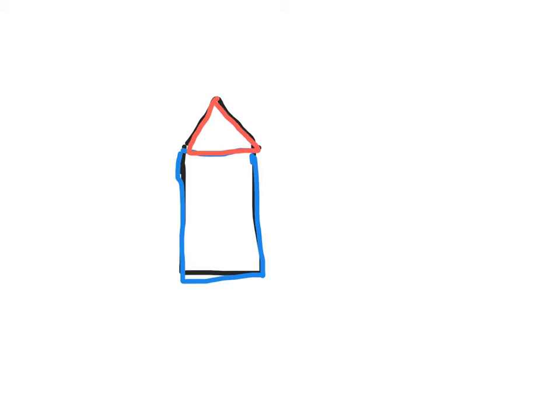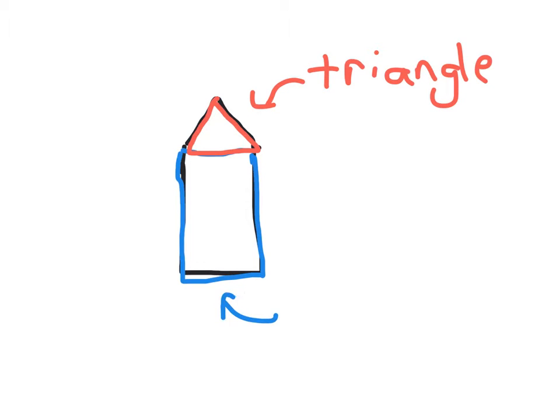Now to figure out the area of this entire figure, we need to figure out the area of this triangle as well as the area of this rectangle. So we're going to need two formulas.